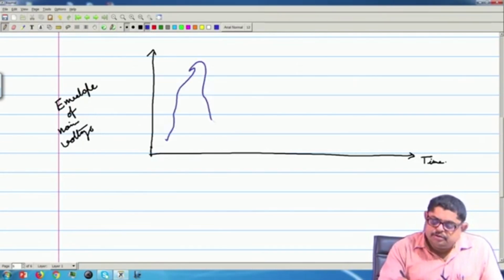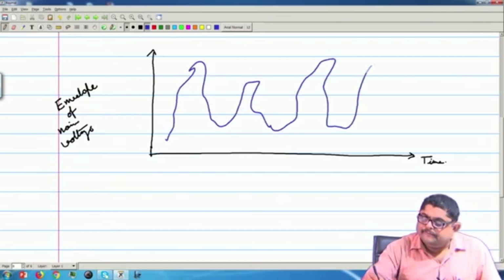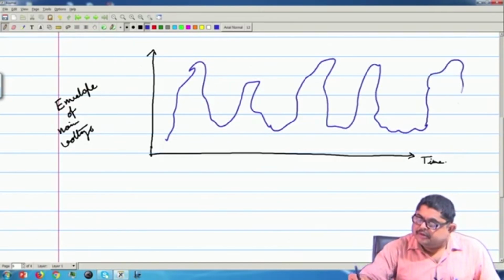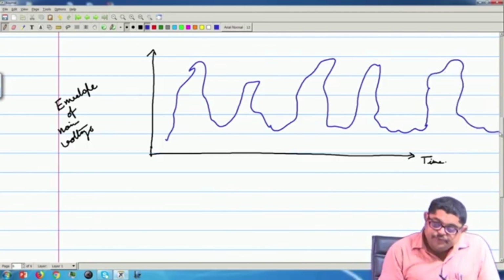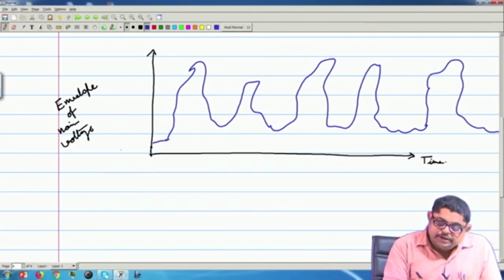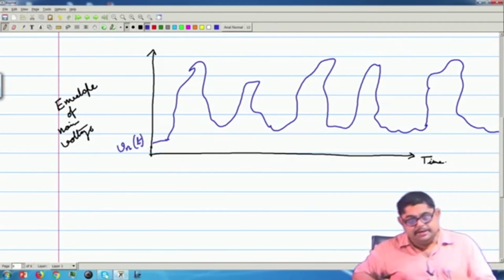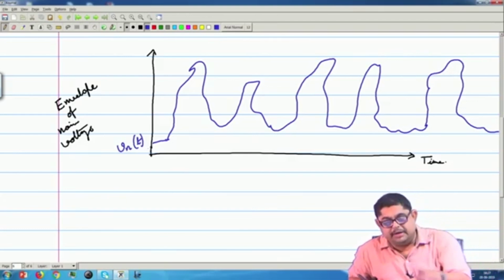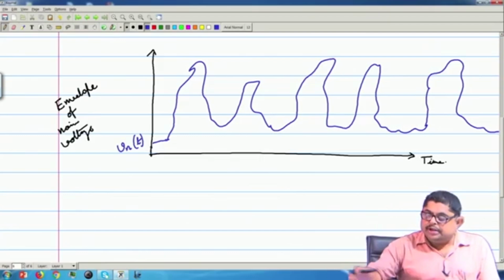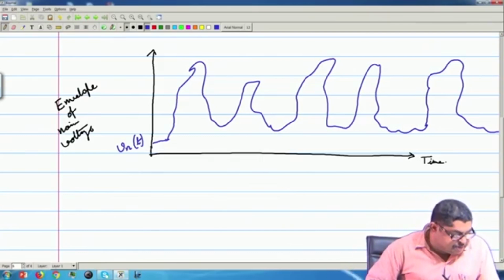It will be something like this. I do not know, but I have arbitrarily drawn it like this. Let me call this V N t. Please remember that this is not a function, these are some sample values. I have just made the locus of that, and something like this it will be looking.